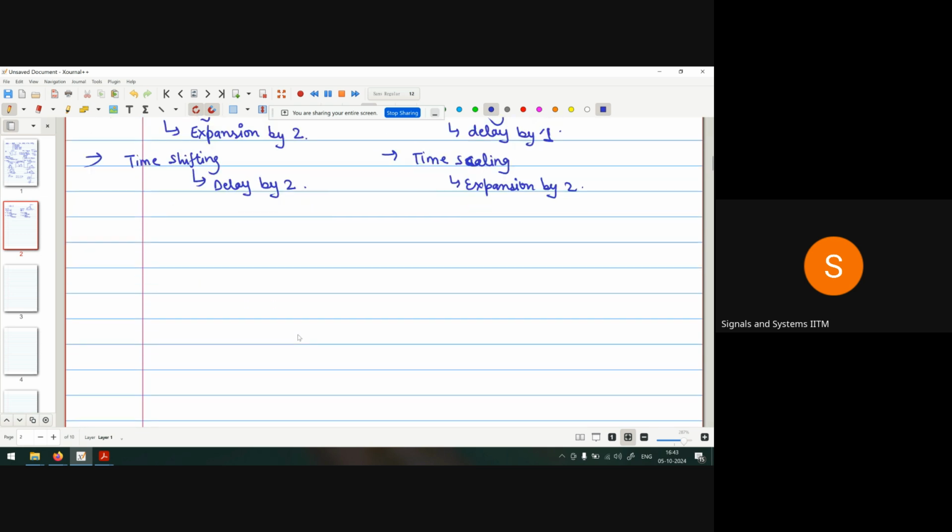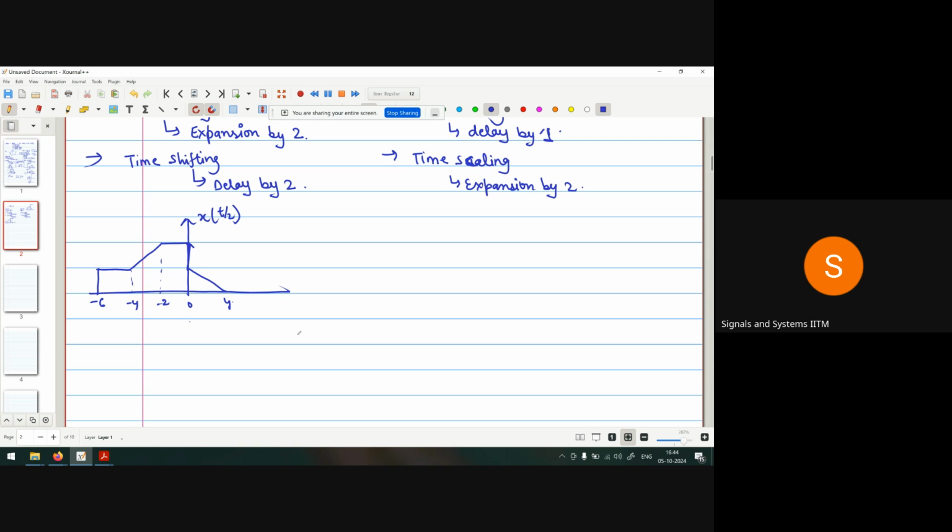First of all, the time scaling. The signal that started from -3 will now start from -6. Then -2 becomes -4. Then -1 becomes -2. Then 0 becomes 0. And then 2 becomes 4. So this is x of t by 2.